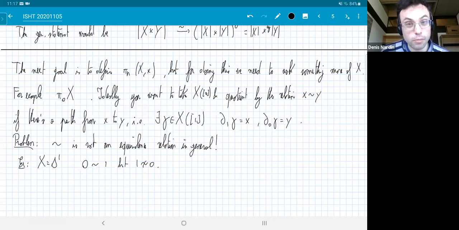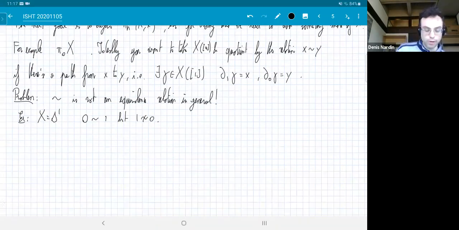There is nothing going in the opposite direction. There's some kind of directedness, and that's unpleasant. We don't want this. We would like paths to be able to go forward and backward.